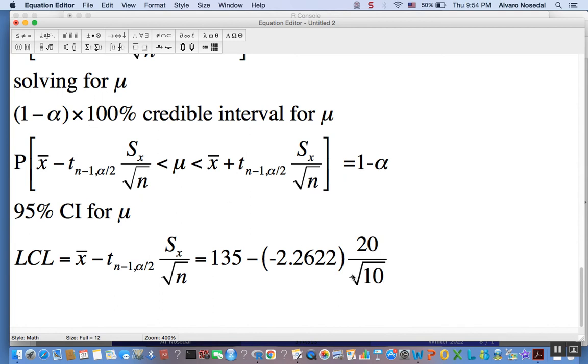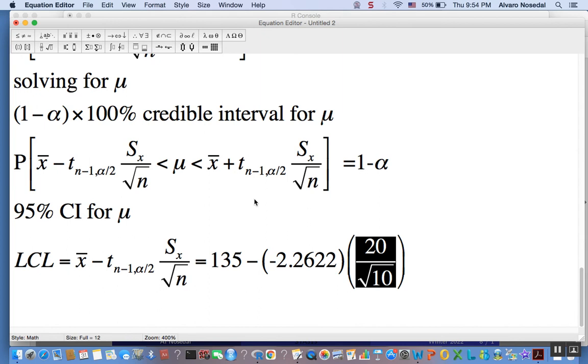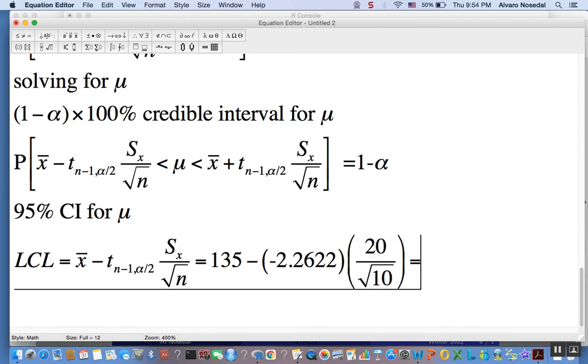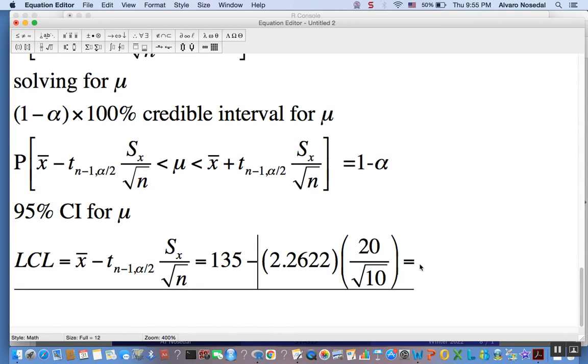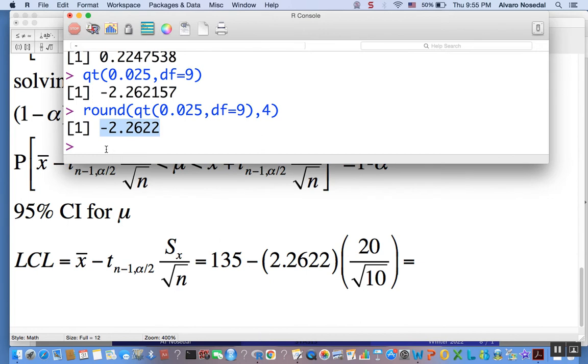Great. So let's use R to find that. And there's no need for this negative here. That is already built in, so let's have it that way.